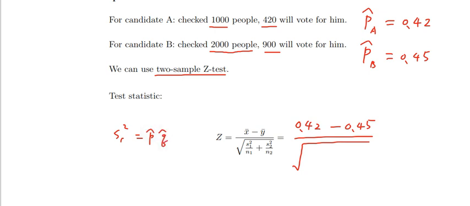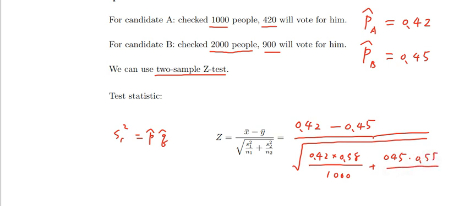So this equals 42 times 58 over 1,000, plus here 45 multiplied by 55 over 2,000.